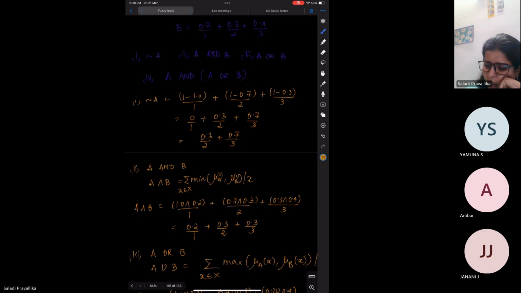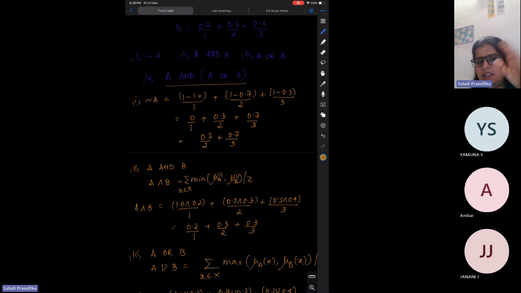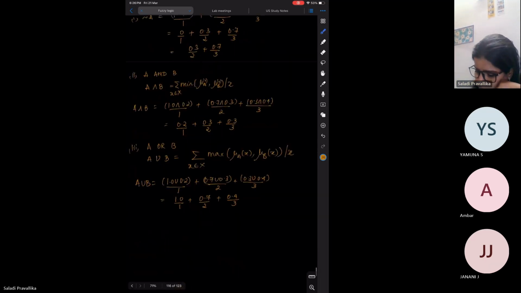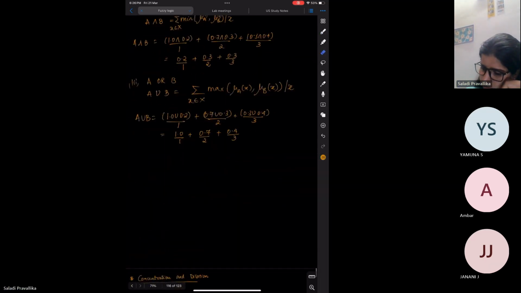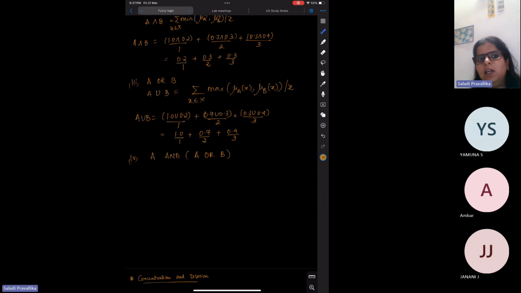Next we have A and (A or B). If you apply the BODMAS rule, the brackets are usually solved first, so first you solve A or B. We already have A or B here.